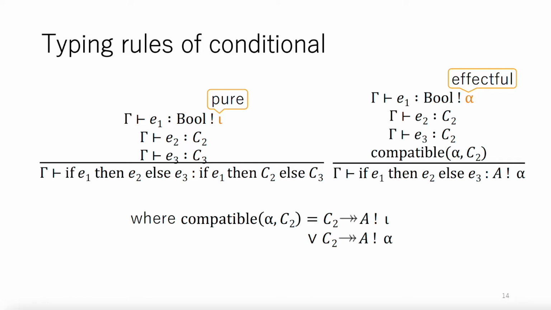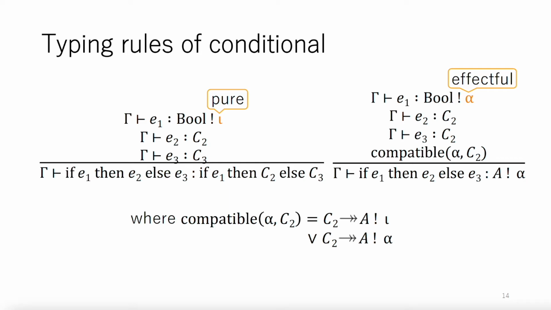We next look at the rule for non-dependent if, which is shown on the right. Like the non-dependent application rule, this rule allows the test term to be effectful as it does not appear in the result type. Also, like the non-dependent application rule, it performs compatibility checking, but this checking becomes harder in the presence of conditional computation types.